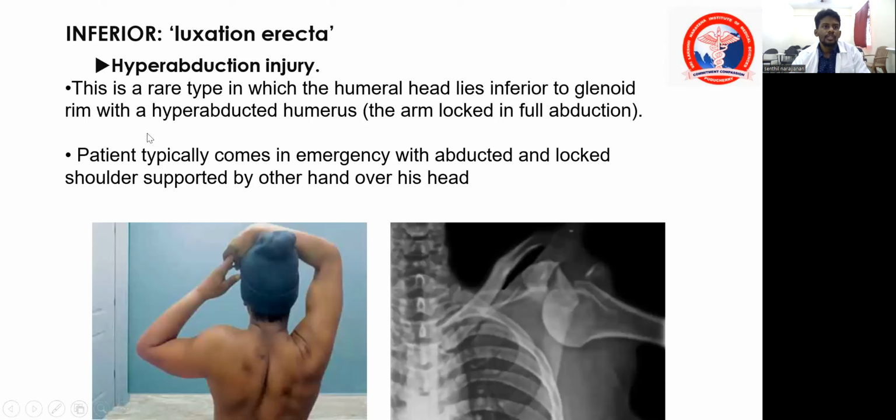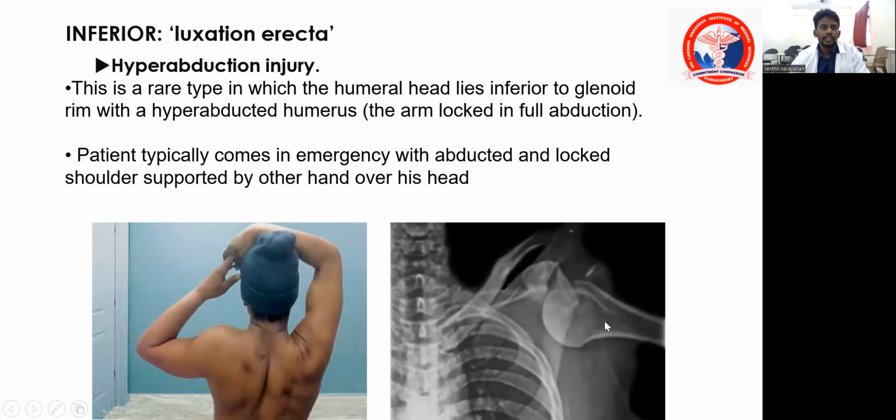Now we can see the inferior dislocation, luxatio erecta. This is a rare type of injury in which the humeral head lies inferior, with a hyperabducted humerus. The arm is locked in full abduction. The patient typically comes to the emergency department with an abducted and locked shoulder, supported by the other hand over the head.